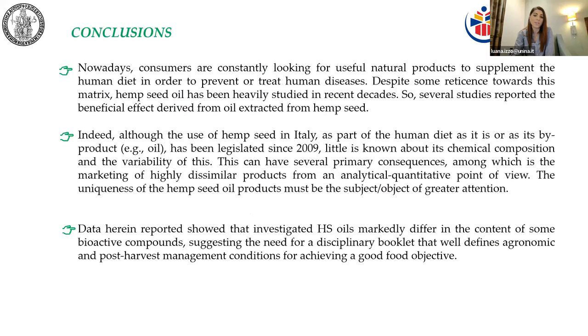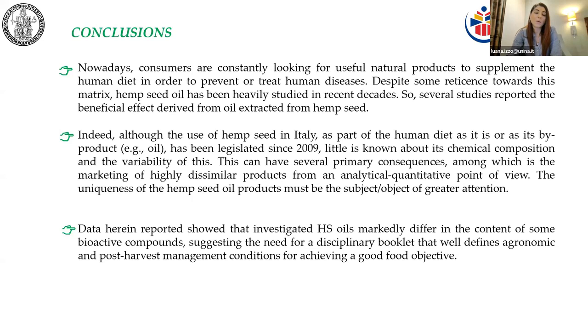So in conclusion, the data reported in this study support the possibility to set a disciplinary booklet that defines the agronomic and post-harvest management conditions to have good quality parameters also for hemp seed oil.